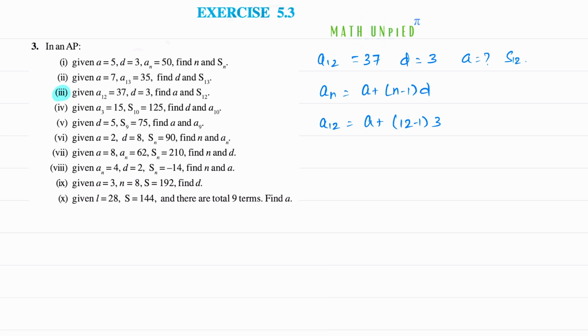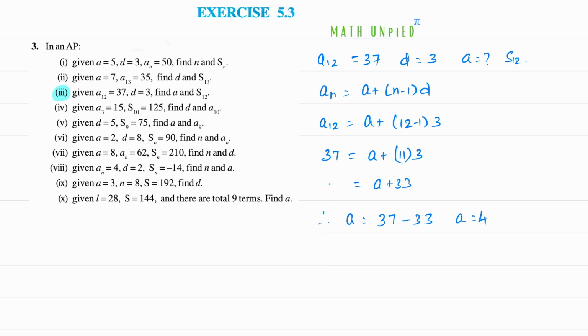We know the value of 12th term. 37 equals a plus 11 times 3, or this is equal to a plus 33. Therefore a equals 37 minus 33, or a equals 4.